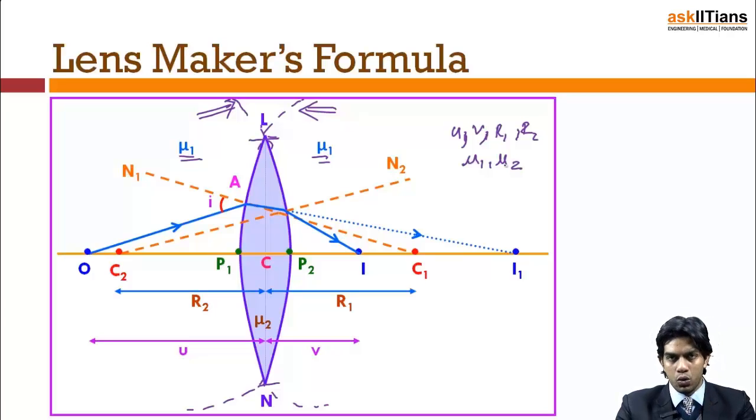If you give me those two refracting surfaces, their refractive indices and the refractive index of the surroundings, I'll come up with a formula which effectively tells me how good the lens is. That is given by the lens maker formula. So I will find out exactly what the lens maker formula is by simply applying refraction through spherical surfaces.